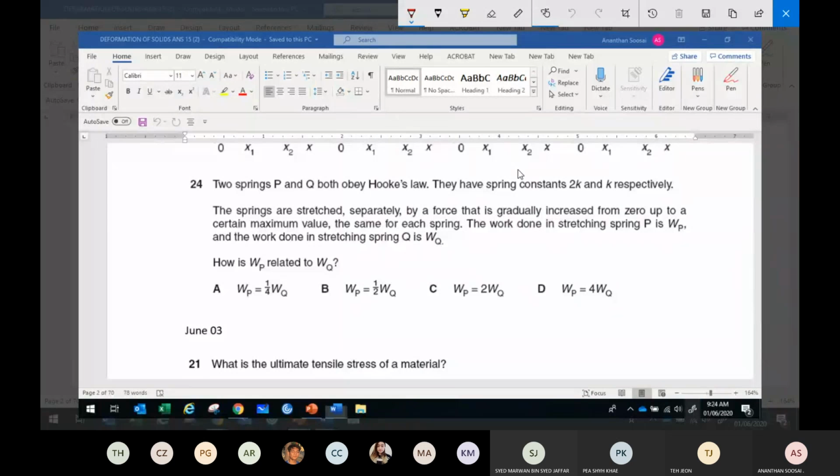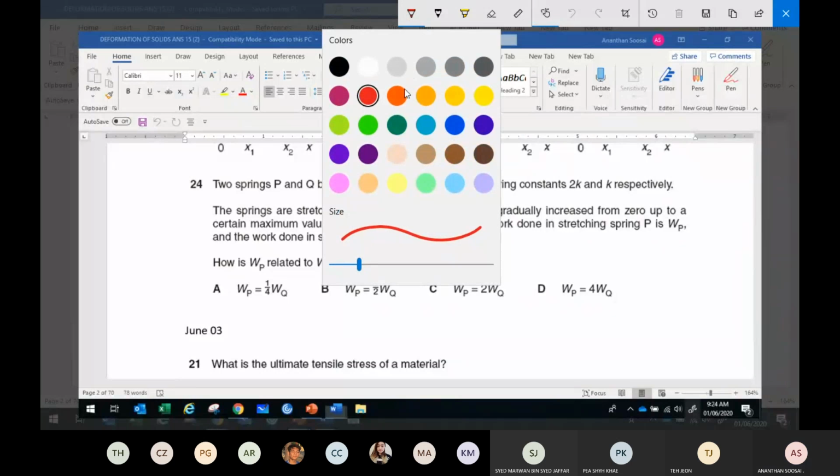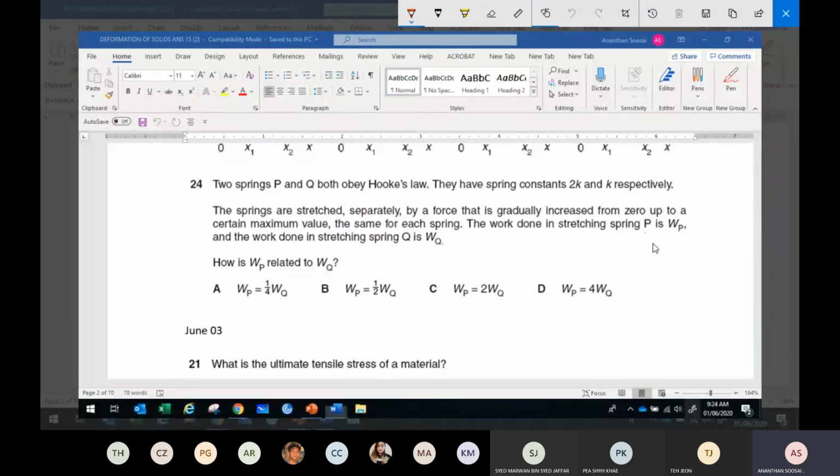Okay, B or C. So I think in this case, we plot a graph. If you draw the F versus X graph, I think it's quite helpful. P and Q are based on Hooke's law.